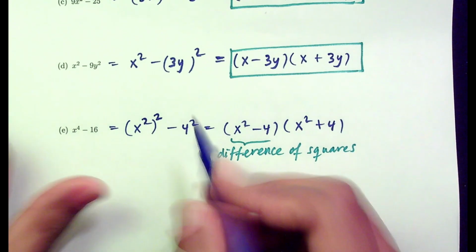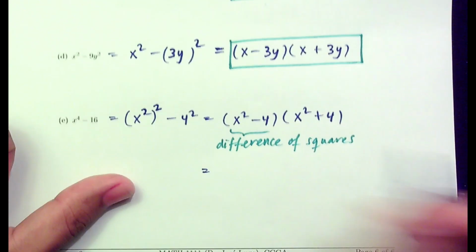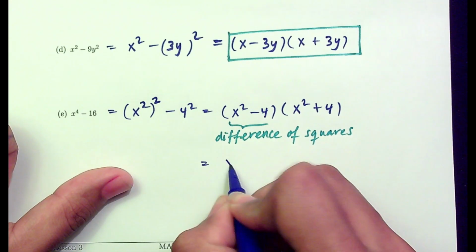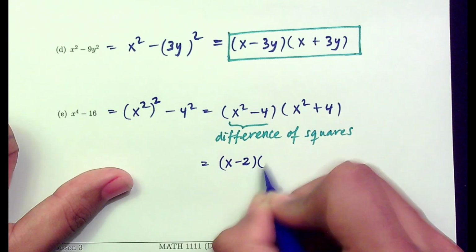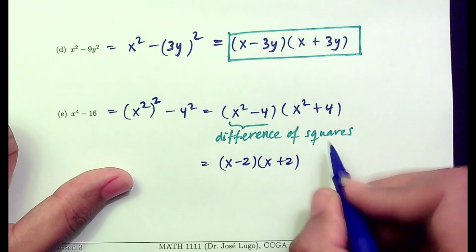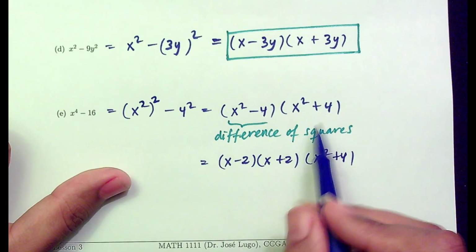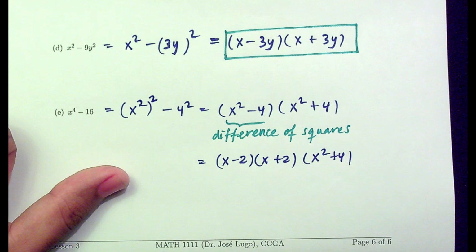Okay, so that means this is a difference of squares: x squared minus 2 squared. So that means this is going to be x minus 2, x plus 2. And then sums of squares you can never factor. You cannot factor that. That is done.